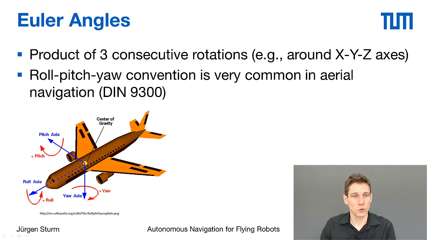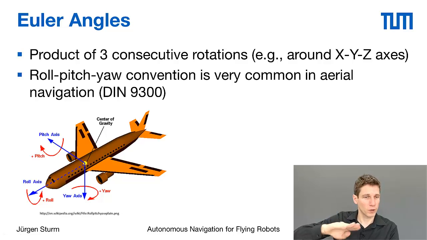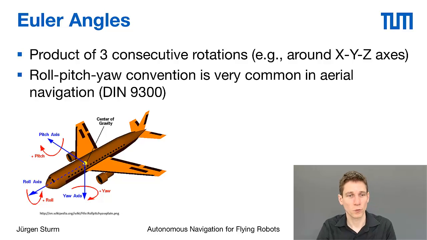This means that you specify first the roll angle along the main axis of the quadrotor or the plane, then the pitch angle, which specifies the rotation around the wings of the robot, and then the yaw angle that describes the heading of the quadrotor or the plane.